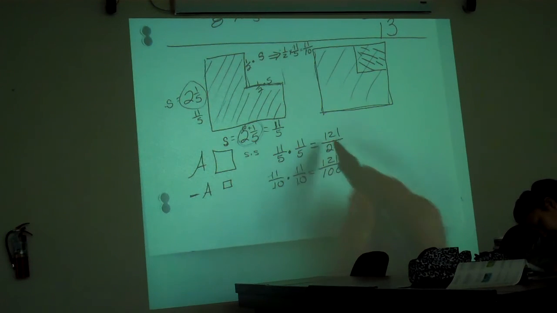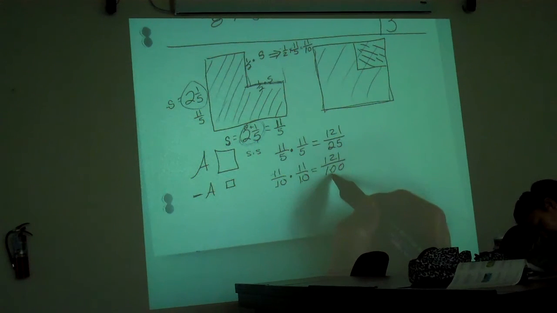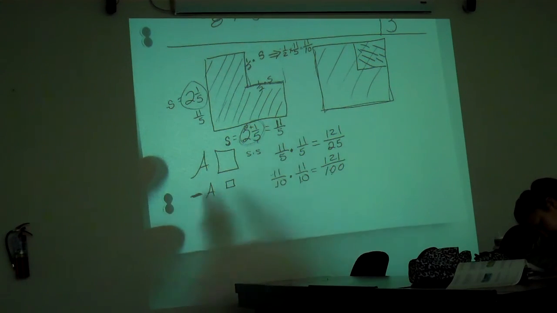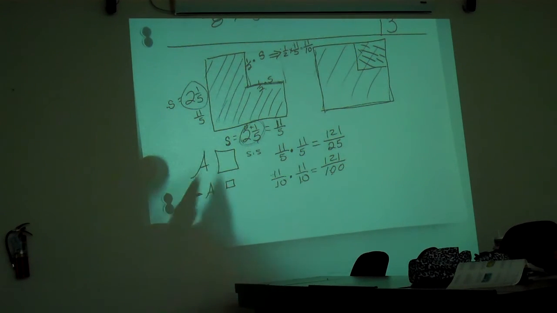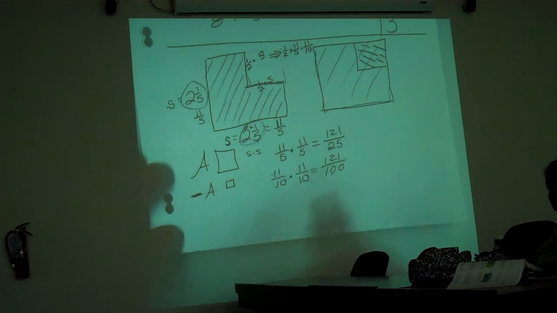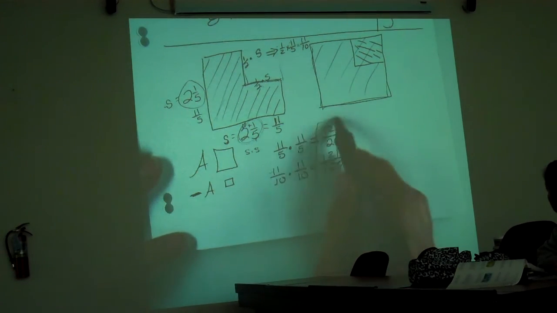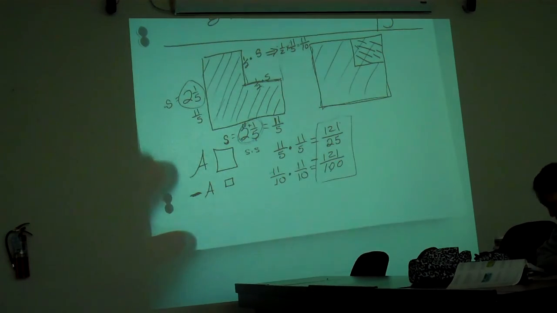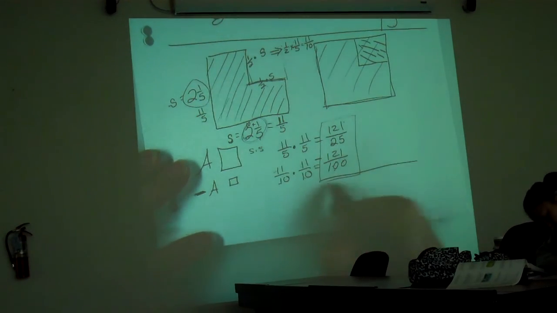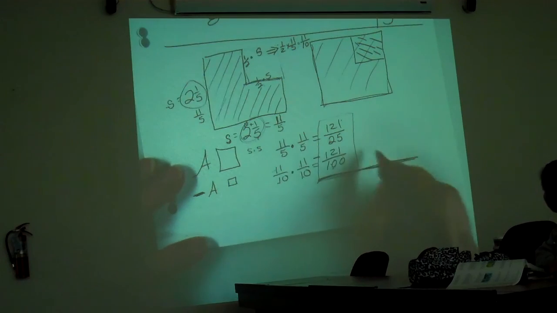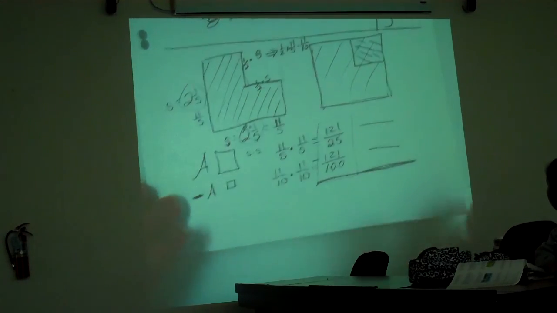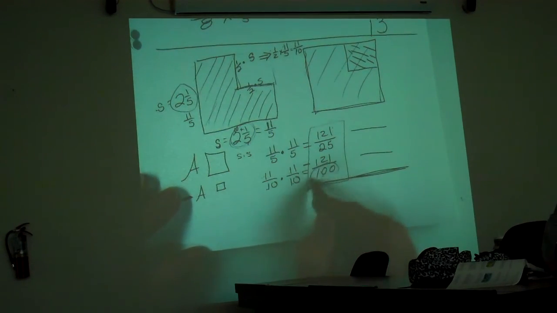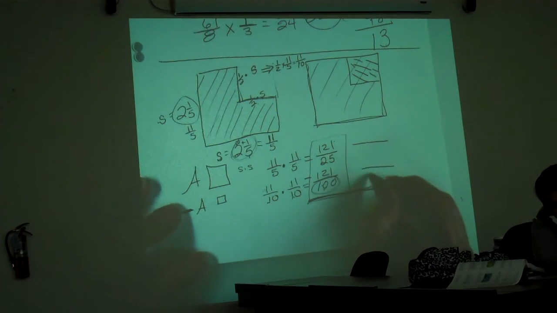Okay, what are we going to do with these numbers? We're going to subtract, right? We're going to do the big one minus the small one. So we have this minus this. When you're subtracting fractions, what do you need? Common denominator. The common denominator on this is 100.